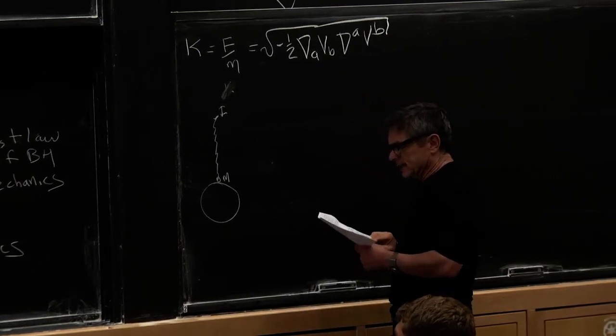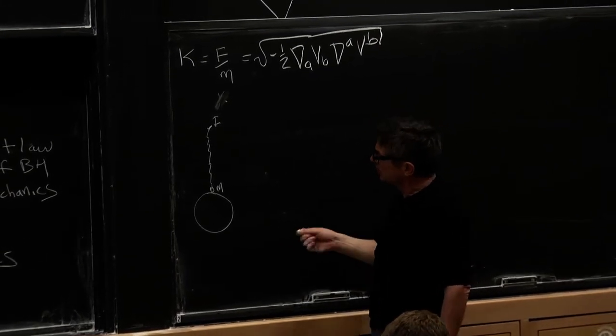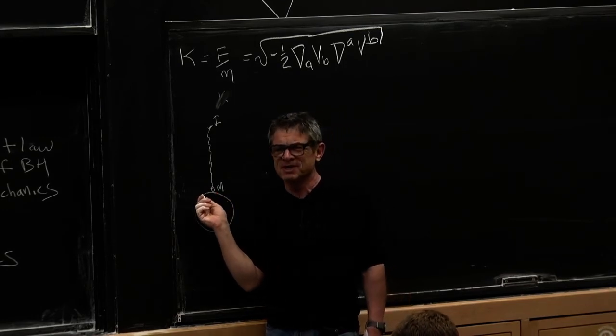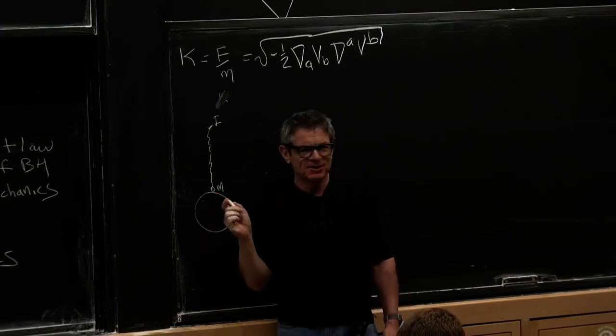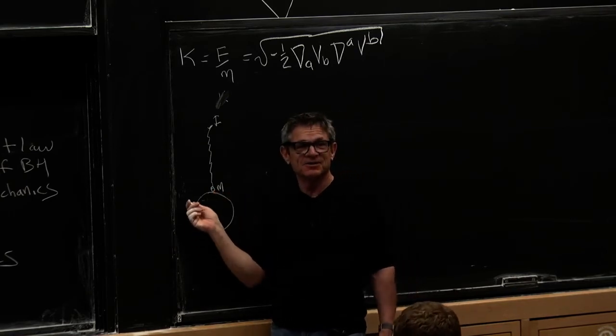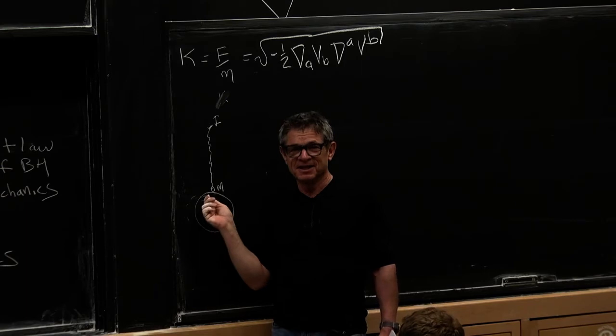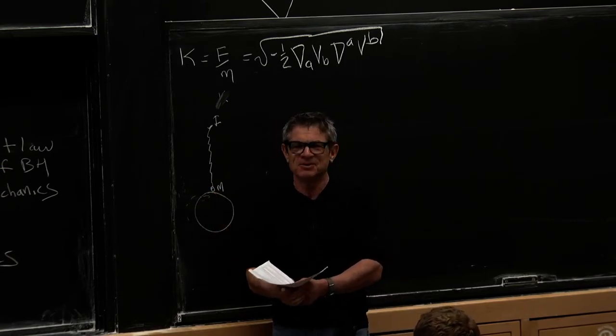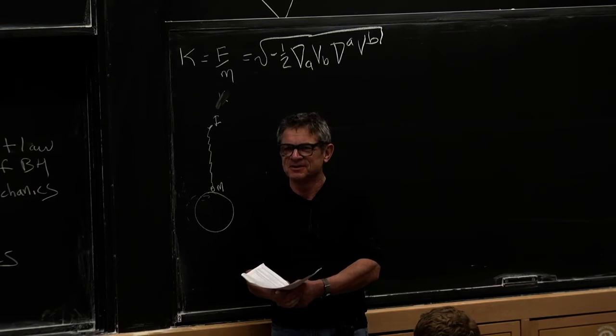And now, for Kerr, you can't quite define it in this physical way because this point will be going around very rapidly. And there's something called the, what's it called?